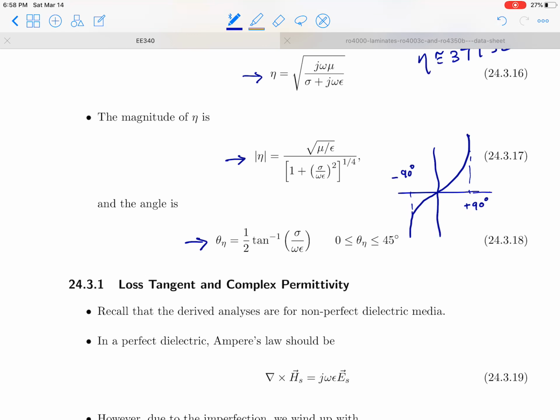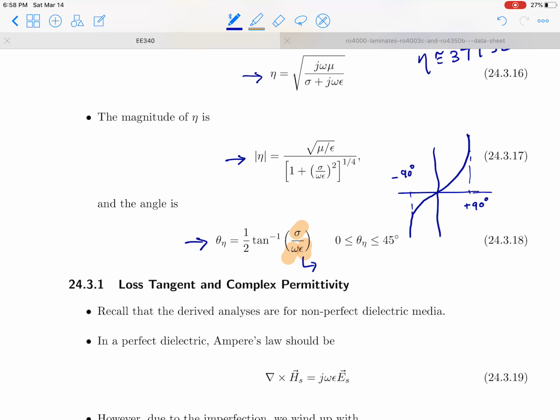These quantities are always positive: the conductivity is positive, the frequency is positive, and the permittivity is also positive for the media that we are going to consider.